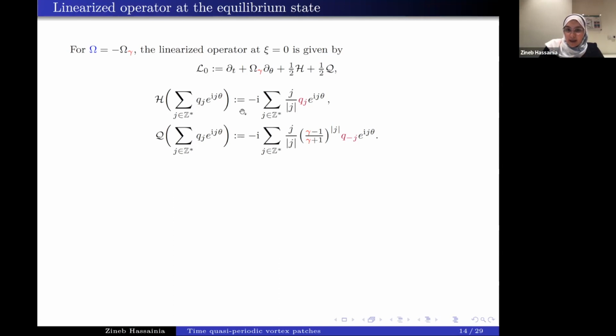It is a constant coefficient transport plus the Hilbert transform plus a regularizing operator Q. But Q is not completely diagonal, in the sense that exciting the mode G makes appear the mode minus G. And this is due to the lack of invariance by rotation around the ellipse, because cosine G theta and sine G theta don't behave in the same way.